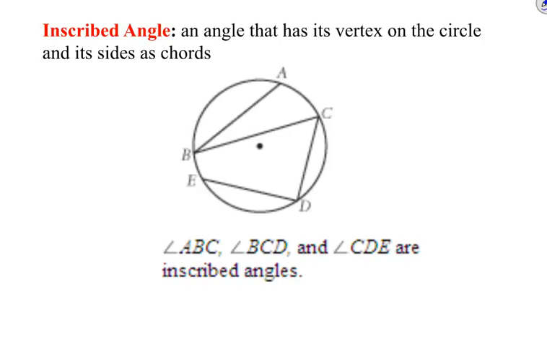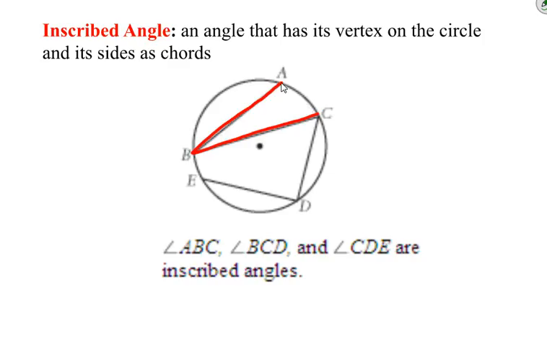Next is the definition of inscribed angle. It's an angle that has its vertex on the circle and its sides as chords. In the picture here, we have three different inscribed angles. We have inscribed angle ABC, where vertex B is on the circle.